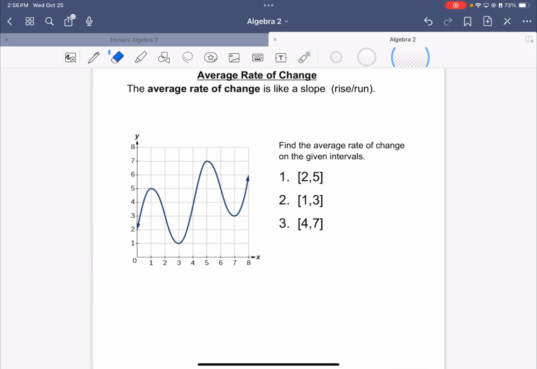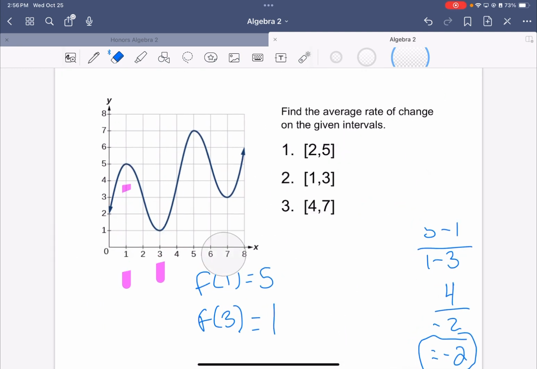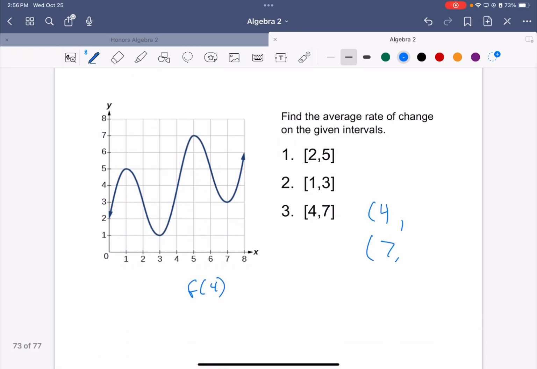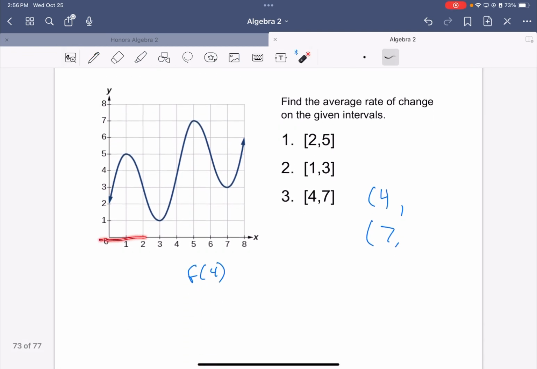All right, now let's look at the third one then. Wow, that came back. That was cool. The interval is 4 to 7. Okay, so I know my x values are 4 and 7. So I have to find f of 4. Over 4.